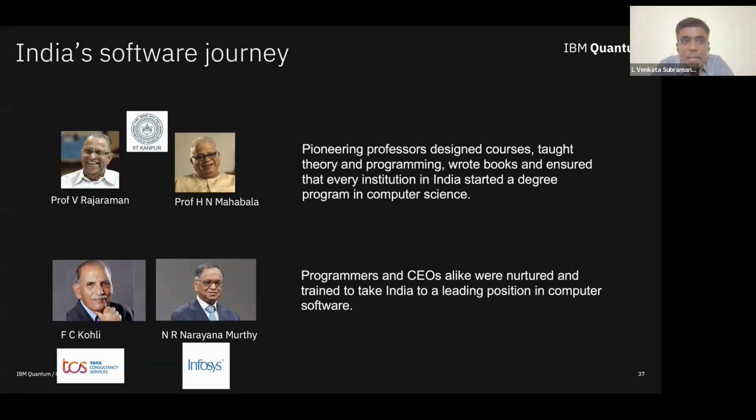TCS started in 1969 by FC Kohli, and before that, he was part of Tata. I forget which Tata, because it was not Tata Consultancy Services, which he started in 1969. But before that, many of the employees of that Tata, I think it was Tata Power or Tata Energy or something, took a lot of courses at IIT Kanpur, short-term and long-term courses taught by Professor Rajaraman and Mahabala.